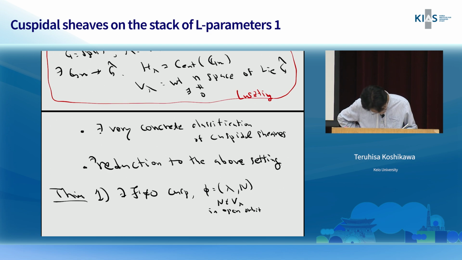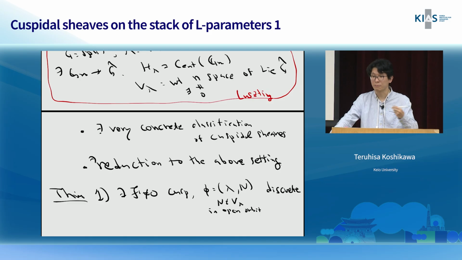I told you V lambda has finitely many orbits, so it has an open orbit, and if you look at the parameter determined by a point of the open orbit, then in this setting, this has to be discrete, or essentially discrete.